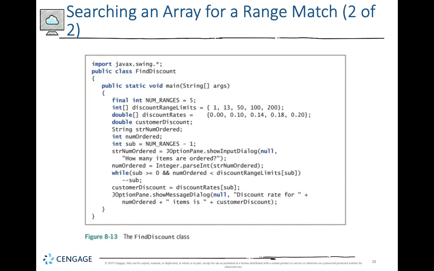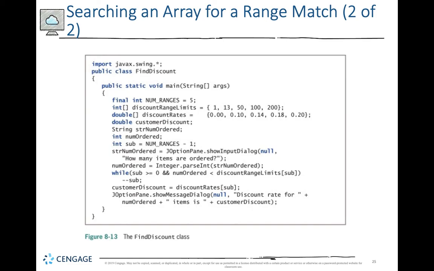We're saying this is our number of ranges, our constant to hold our range. And then we declare an array of type int called discount range limits, and we initialize it with curly bracket 1, comma 13, 50, 100, and 200, right? These are our discount range limits.